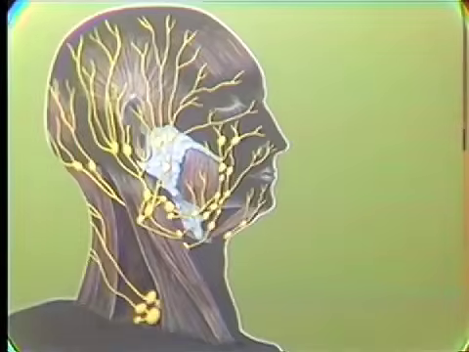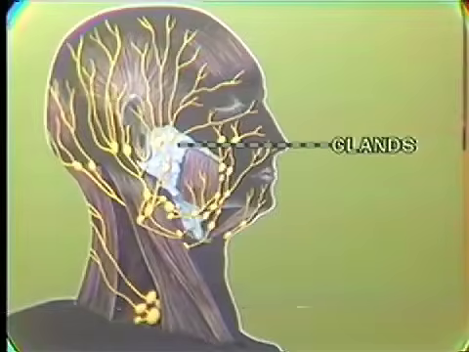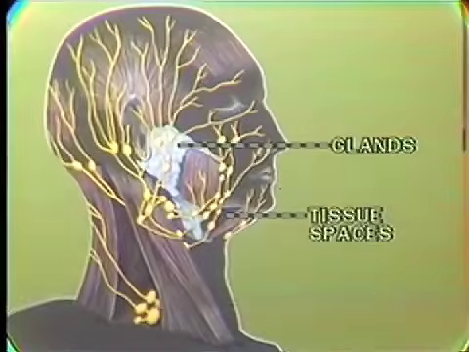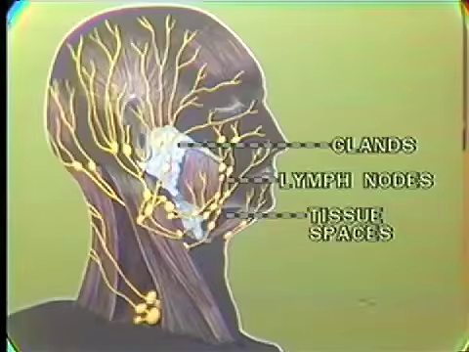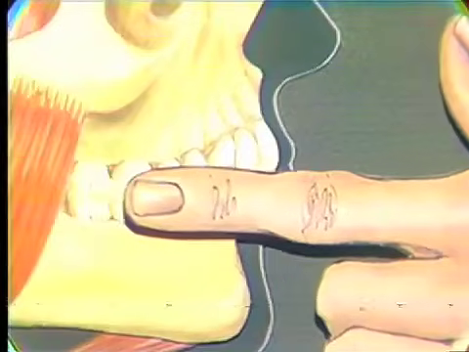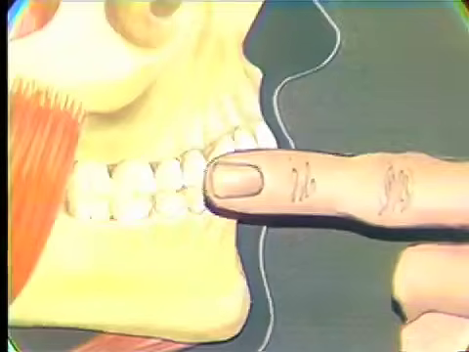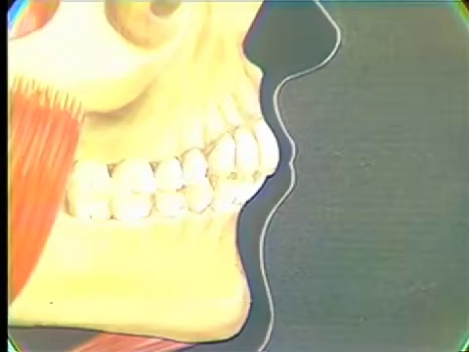We should also search for and be cognizant of any abnormalities associated with glands, tissue spaces, and lymph nodes contiguous with and including the floor of the mouth and the tongue. Finally, a palpatory evaluation of the teeth should be done during occlusal contact relations in various mandibular movements.